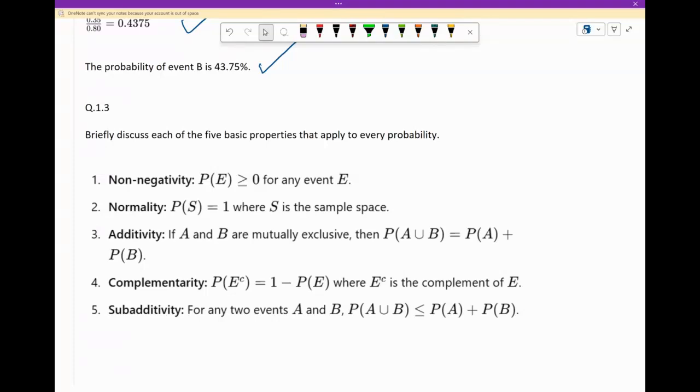If A and B are mutually exclusive, in other words, the probability of A union B is equal to the probability of A plus the probability of B. If they are not mutually exclusive, then that means we need to subtract.